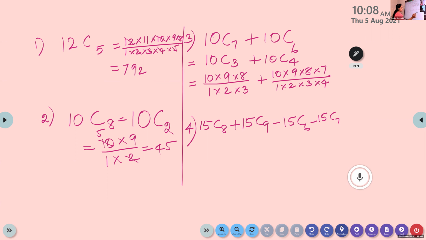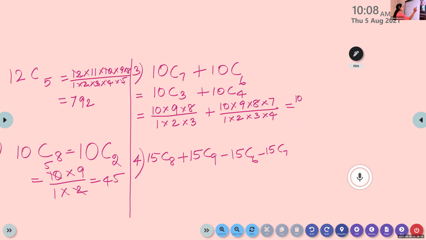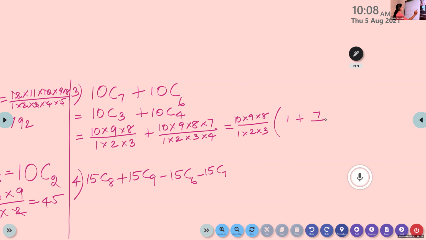Now from these two terms, we can take 10 into 9 into 8 by 1 into 2 into 3 as common. I'm doing this so that the calculation becomes easy. 1 plus 7 by 4. Is it okay? Now here, if you cancel 2, this is 5.